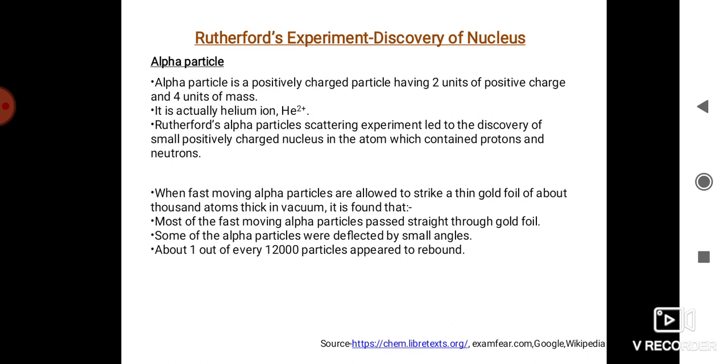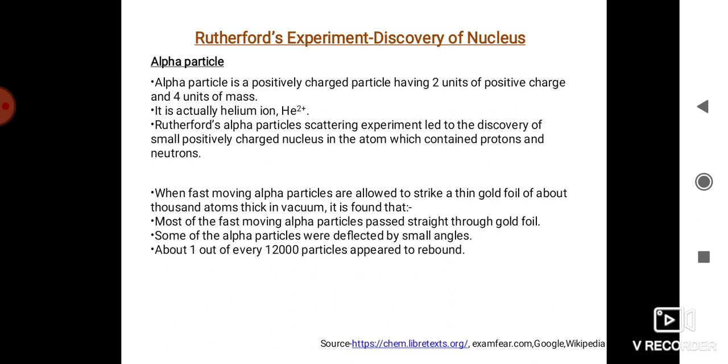When he bombarded alpha particles on the gold foil, he found that most of the alpha particles did not change their path and passed straight through. From this observation, Rutherford concluded that most of the part of the atom is hollow.